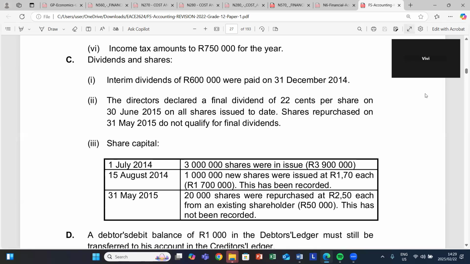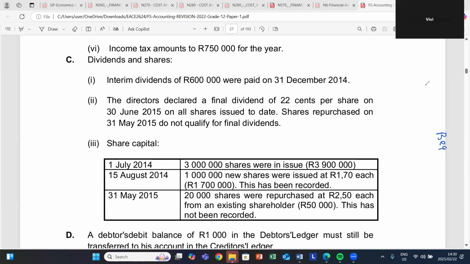Now, what is a repurchase? The buyback of the shares. Who buys back those shares? Is it shareholders?